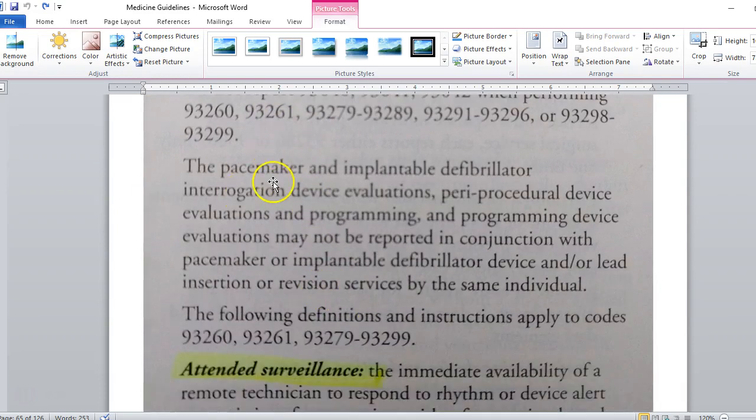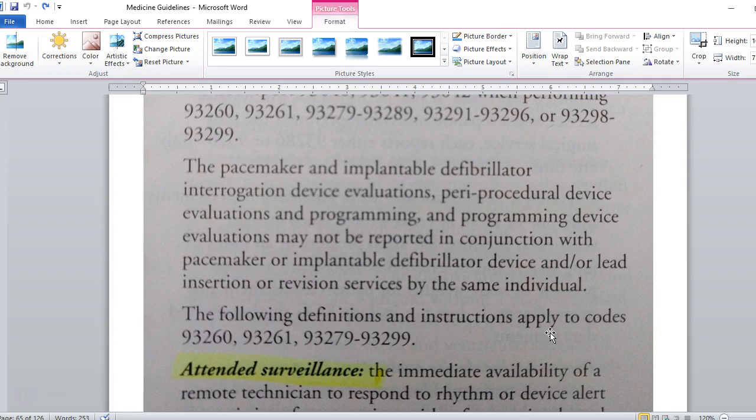Okay, now again, it tells us the pacemaker and implantable defibrillator interrogation device evaluations, peri-procedural device evaluations, and programming device evaluations may not be reported in conjunction with pacemaker or implantable defibrillator device and/or lead insertion or revision services by the same individual. So when someone gets an insertion of one of these devices, a revision of these devices, the evaluation is included in the surgical code. So keep that in mind.